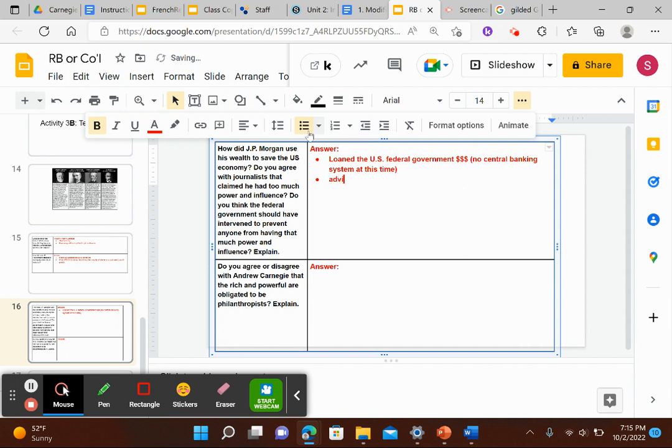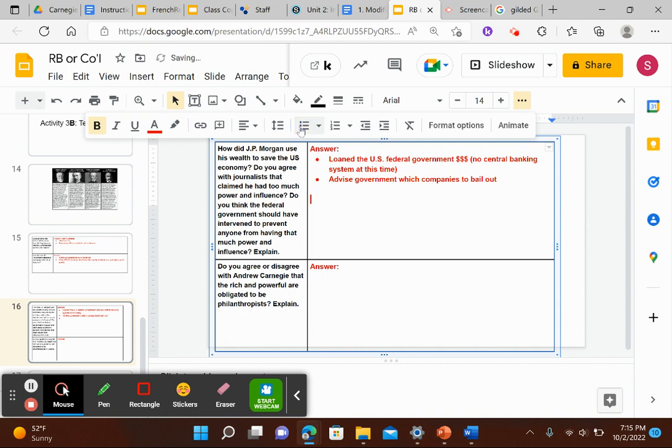He advised government which companies to bail out, and the journalist said perhaps he had too much influence. What do you think? So you decide. So did he have too much control over the government? And do you think the federal government should have intervened to prevent anyone from having that much power?